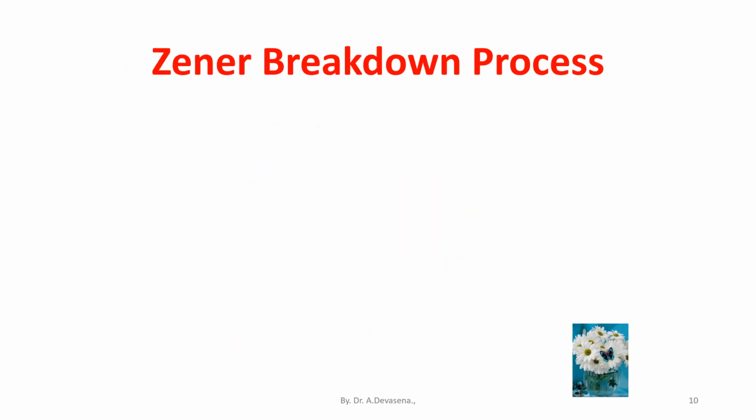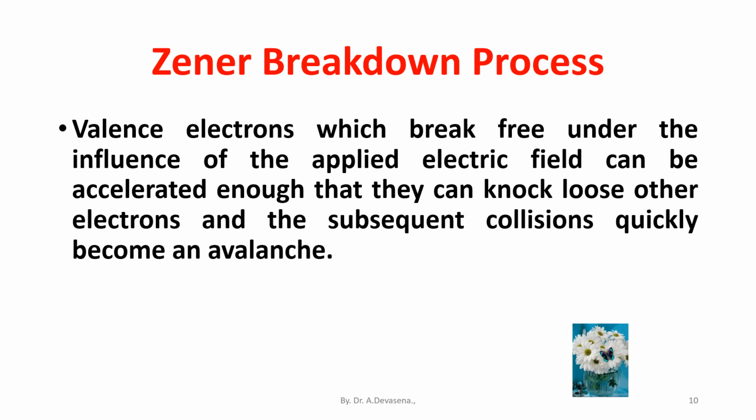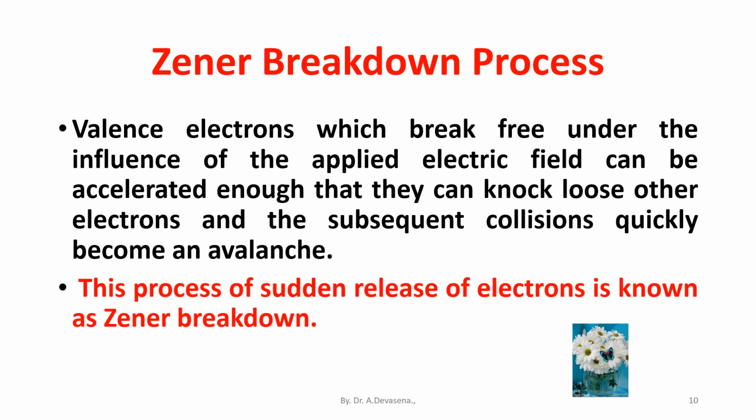Let us see the Zener breakdown process. Valence electrons which break free under the influence of the applied electric field can be accelerated enough that they can knock loose other electrons, and the subsequent collisions quickly become an avalanche. This process of sudden release of electrons is known as Zener breakdown.